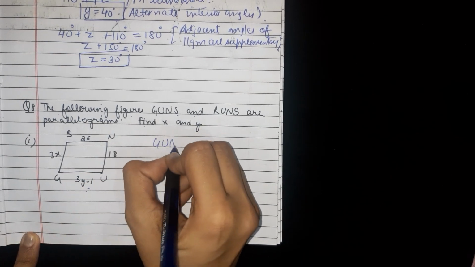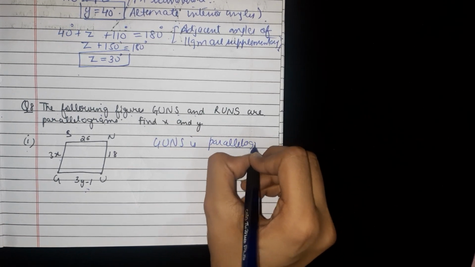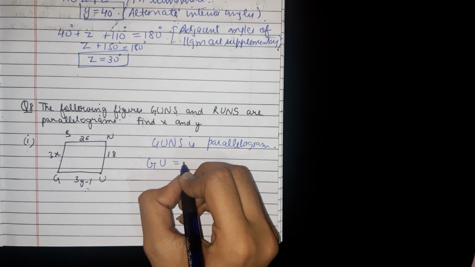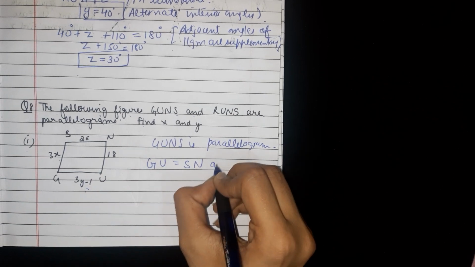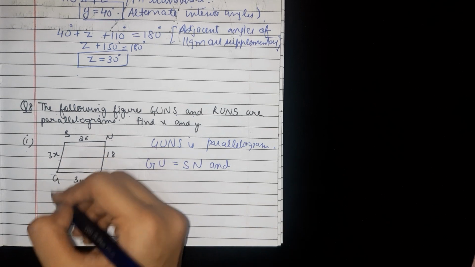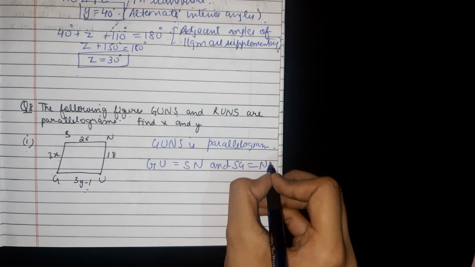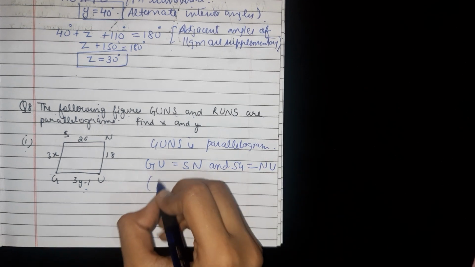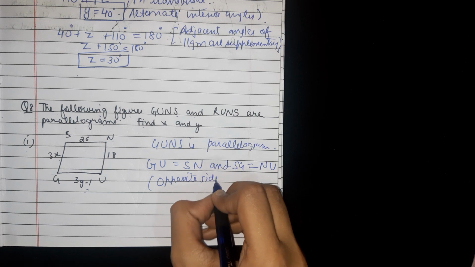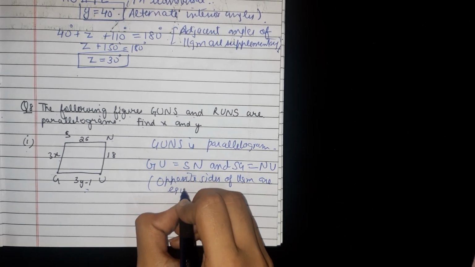Since GUNS is a parallelogram, GU will be equal to SN and SG will be equal to NU. Why? Because the opposite sides of a parallelogram are equal and parallel.